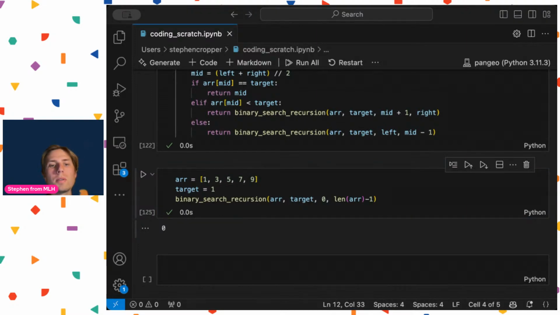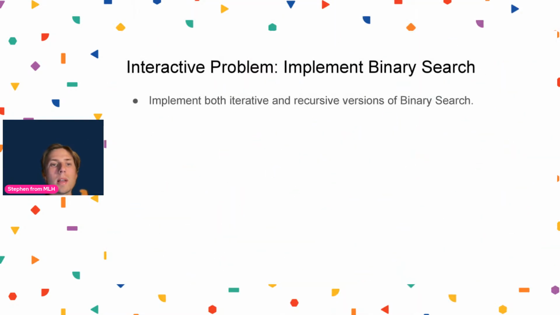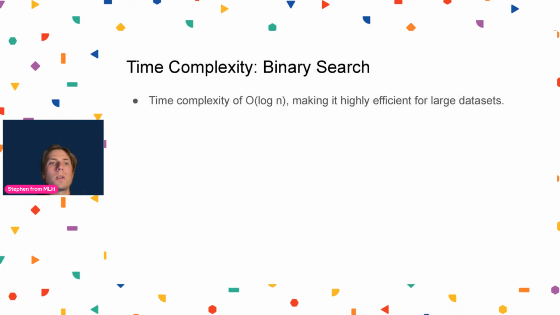And you might be wondering, what is the time complexity of binary search? It's log n, which makes it really efficient for large data sets. And you'll probably remember from our merge sort conversation that merge sort was log n because it only relied on 2 to the x number of splits for some amount of data.